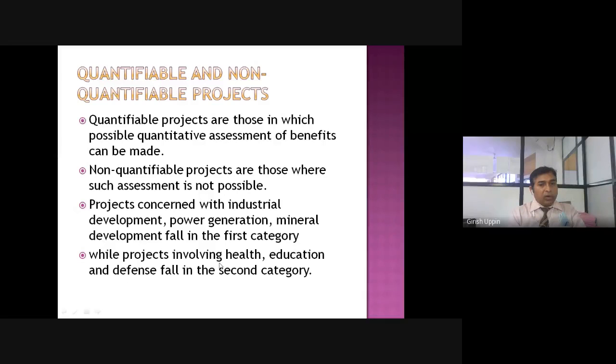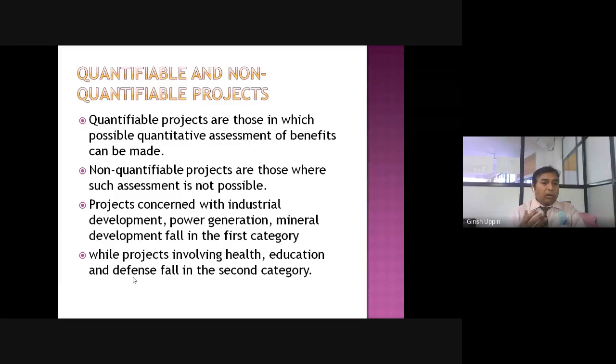While projects involving health, education and defense fall in the second category. Defense is, for example, like India is making a lot of projects in the border areas, right? In the Ladakh regions, a lot of infrastructure projects are being executed.